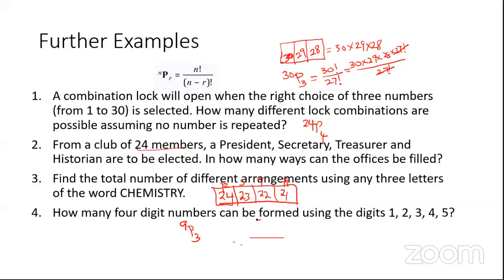Yes, you are correct. We have 5 digits in all, and we want to arrange just 4. So that's the correct answer. That's very great, so let's move to the next one.